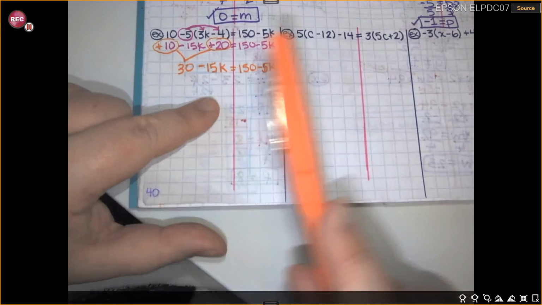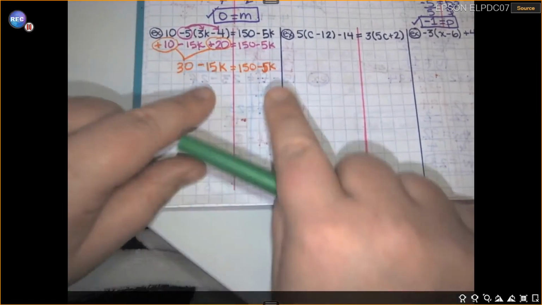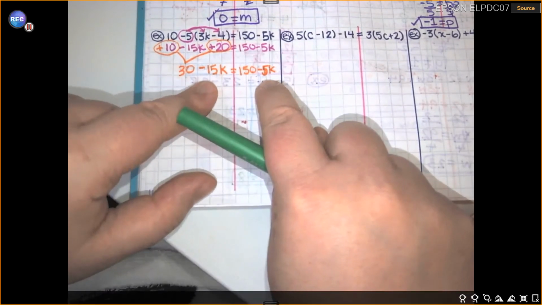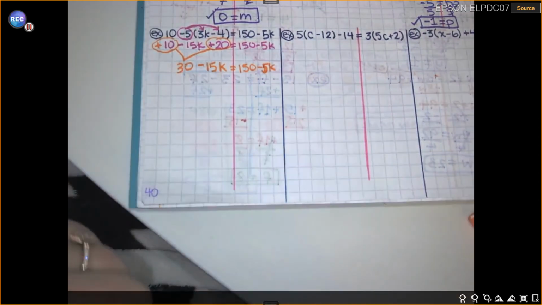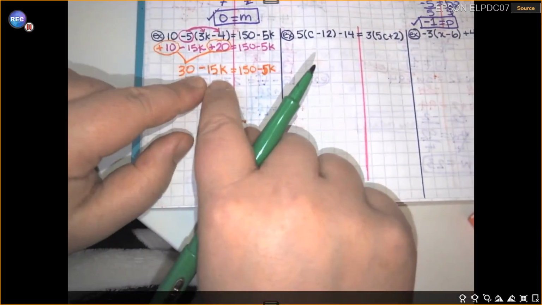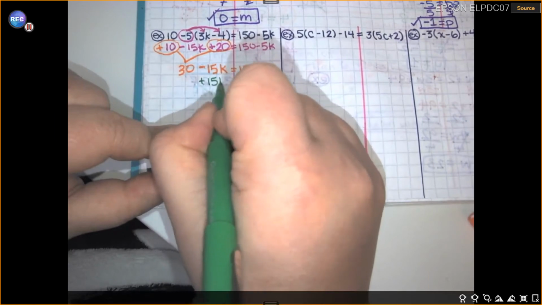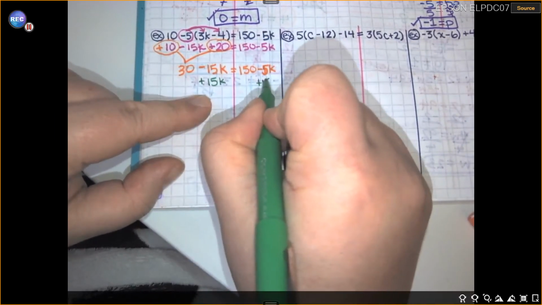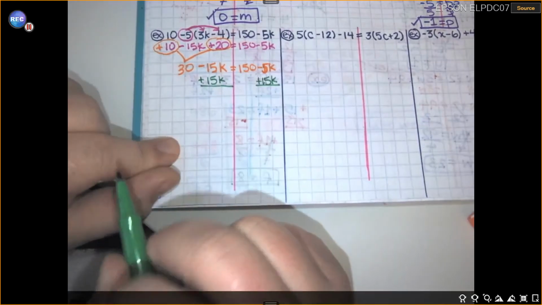Me is move all variables to one side. So if you see here, we have negative 15 on this side, k's, and negative 5 on this side. So we want to move the lesser of the two. The negative 15 is lesser than negative 5. So we want to do the opposite and add 15k. Notice I'm lining it up with the k's and not the other numbers.